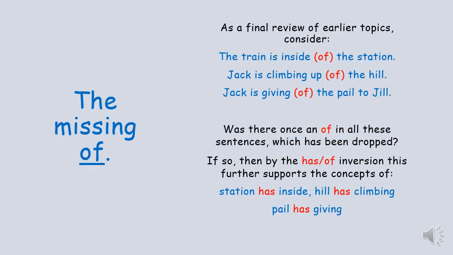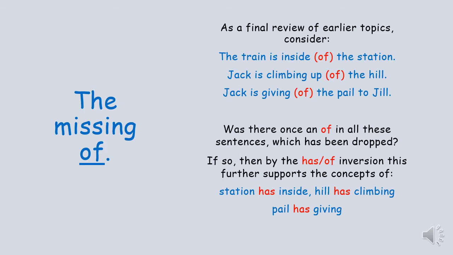Let's just have a review of some of the earlier topics and the sentences involved. We had the sentence, the train is inside the station, and we had the sentence, Jack is climbing up the hill, and then we had the sentence, Jack is giving the pail to Jill.